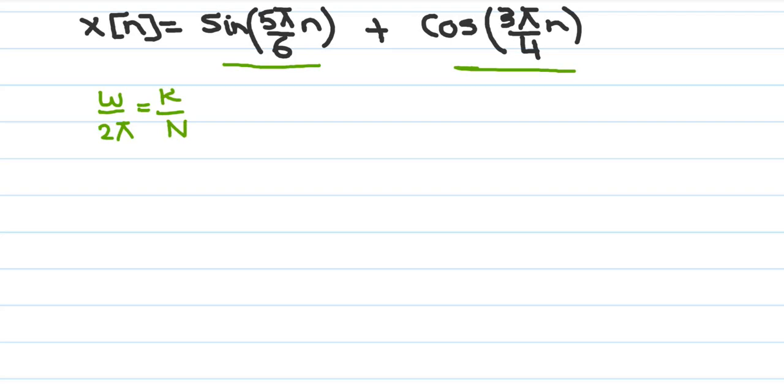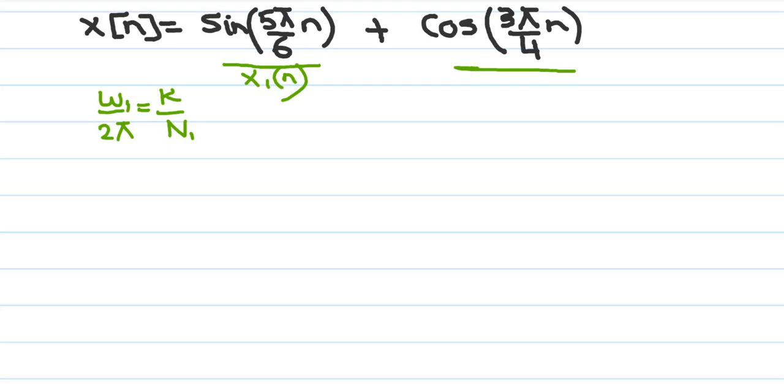Once we have a ratio of two integers, it is rational, which makes it a periodic signal. So in this case, what is omega? Since we are talking about the first one, this is n1 and this is omega 1. Let's suppose this is x1 of n.